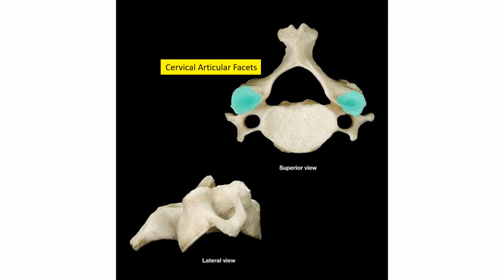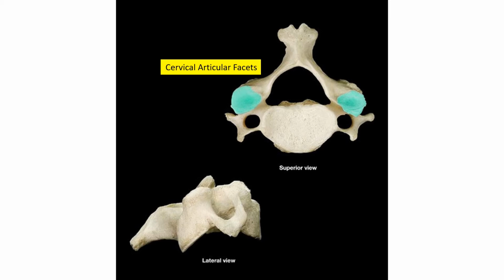Now, when we look at the green marked structure, this is a process that comes upward from the root of the transverse process, and it has a facet.